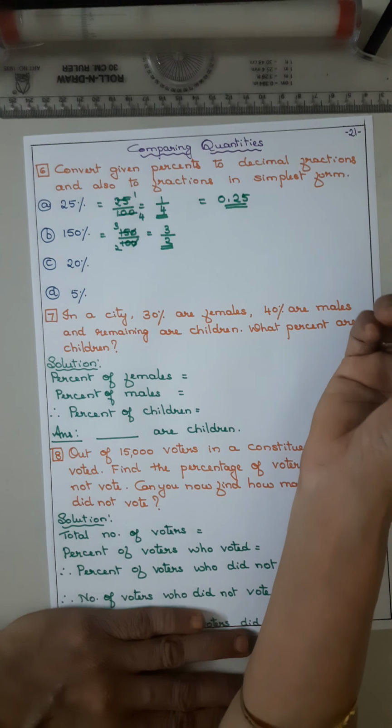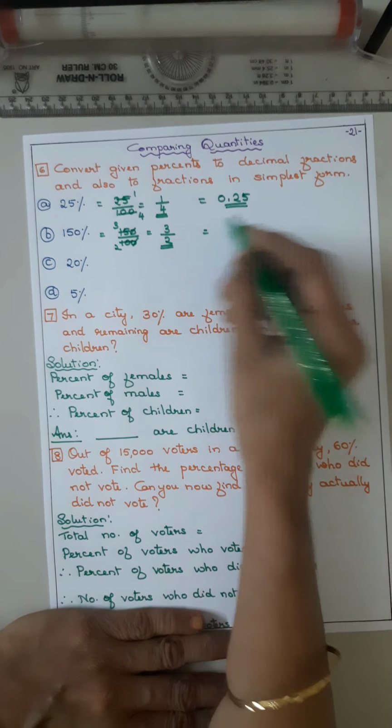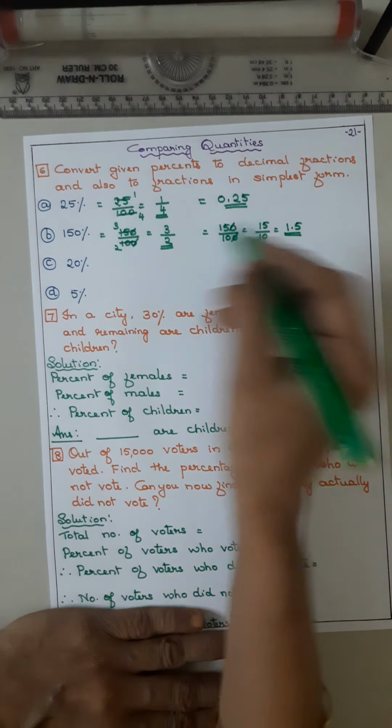Now in case you are writing it as a decimal number, I'll write 150/100, isn't it? So this was cut, you got 15/10. The denominator is 10, so the decimal will be 1.5.